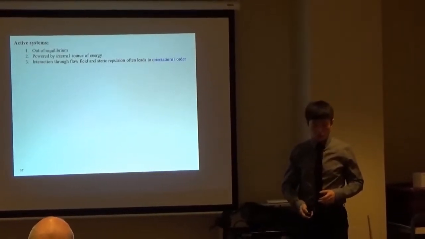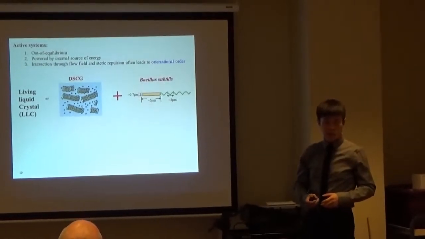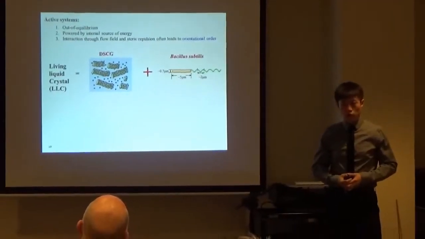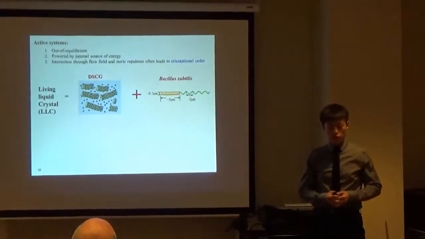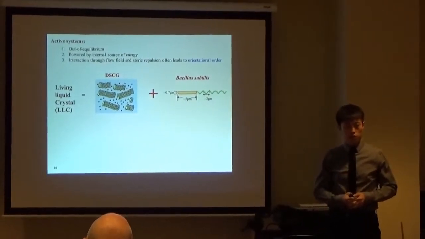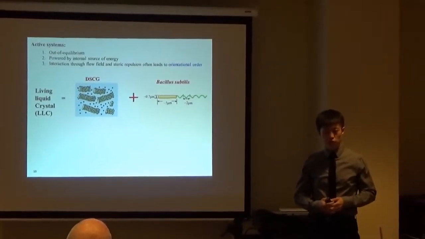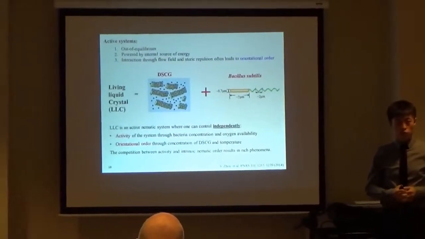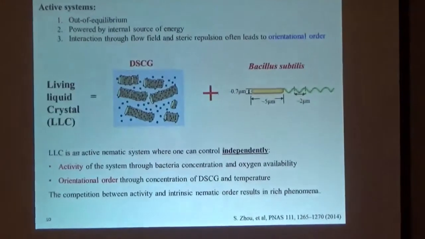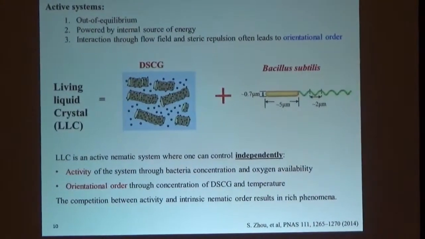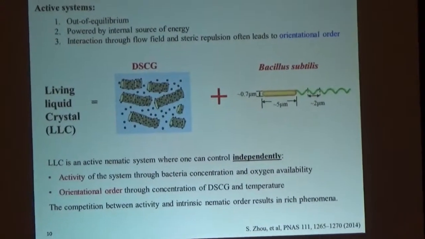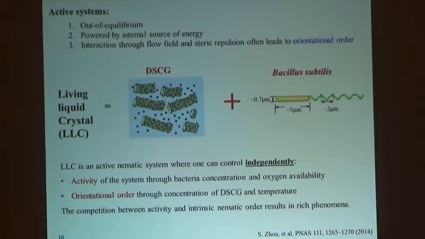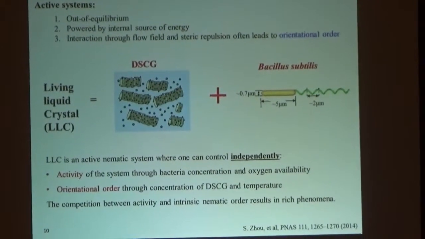But now, since we have the biocompatible chromonic liquid crystal, we can compose this new active system called living liquid crystals. Here, we don't rely on each individual swimmer in the system to give us an order. We superimpose the order with the chromonic liquid crystals.